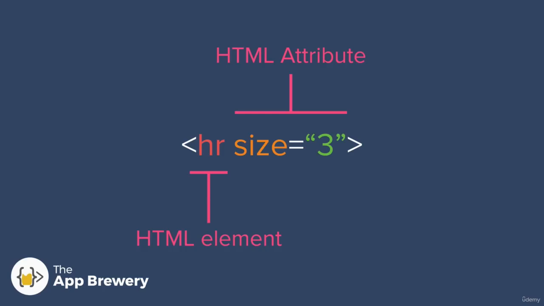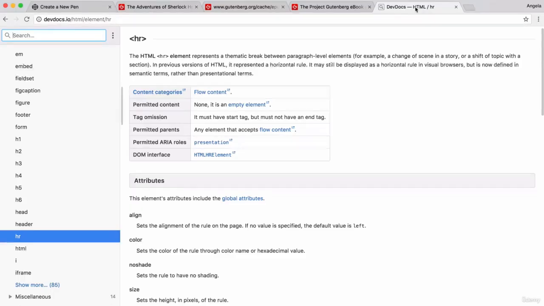So in this case, we're saying that we want a horizontal rule, but we want it in size 3. Now, what does size 3 mean? And how do we know that we have these HTML attributes available to us? You've guessed it, we're going back to the documentation.